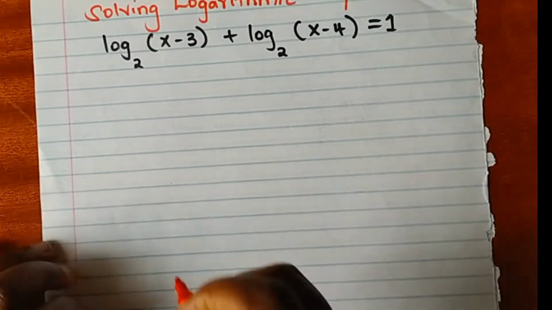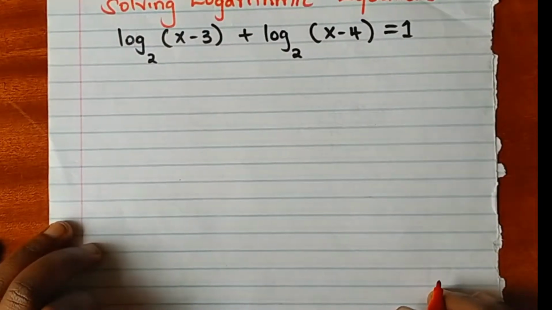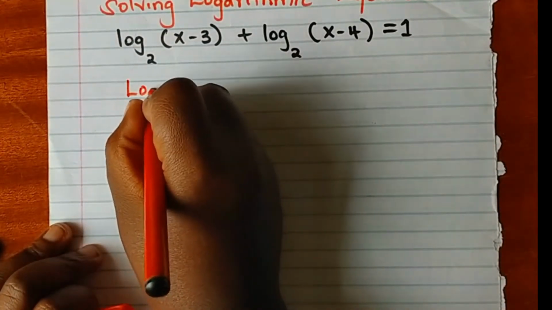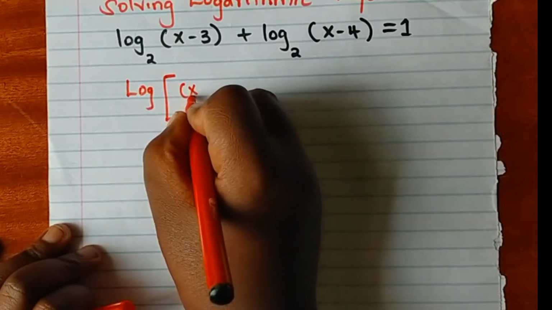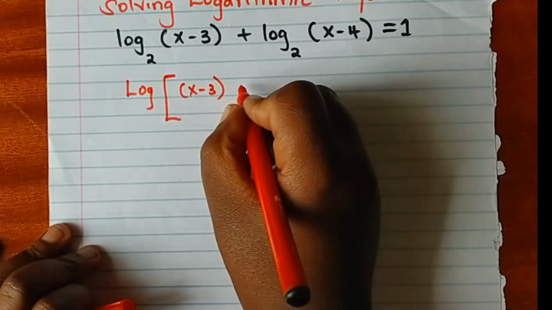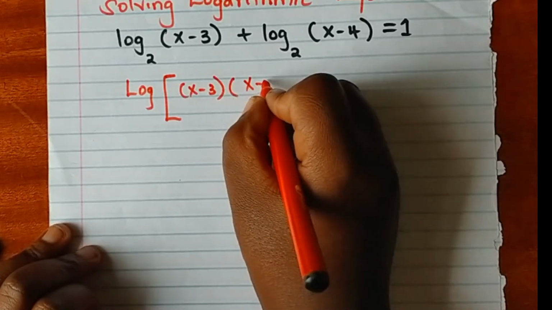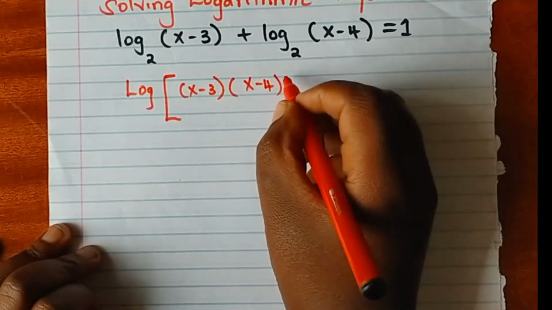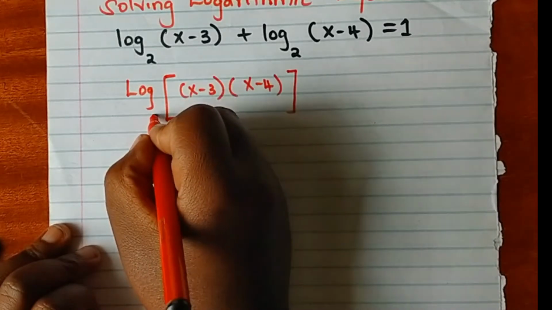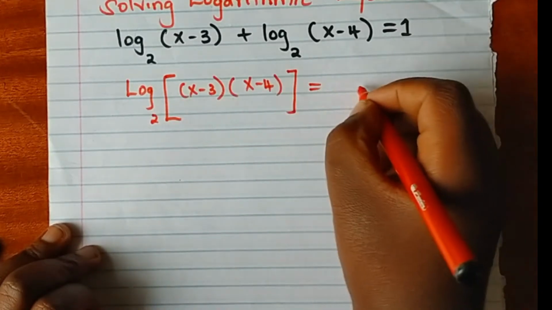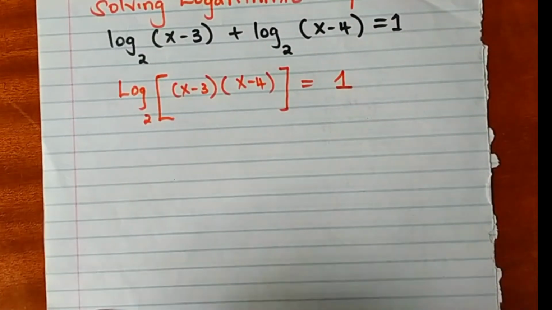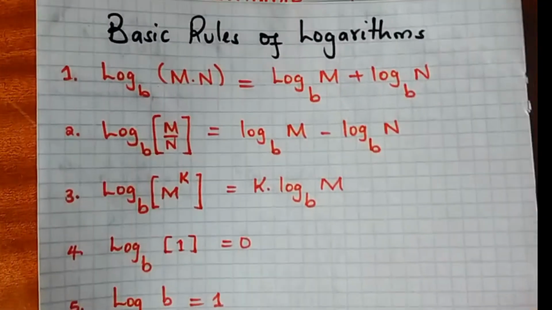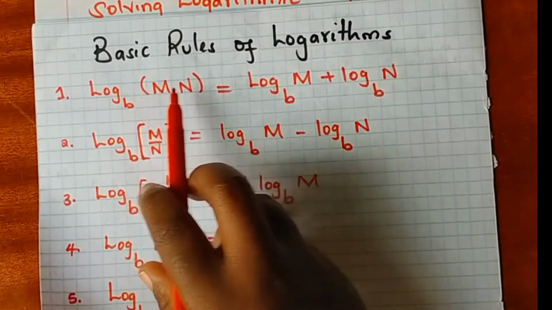So this will be the logarithm of (x minus 3)(x minus 4) to the base of 2. This should be equal to 1. This is by the product rule, rule number 1.